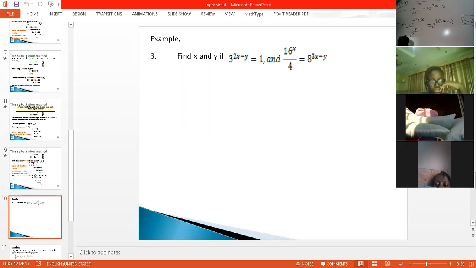Rewriting this, I will have 2 raised to power 4x, and for this power it becomes minus 2.